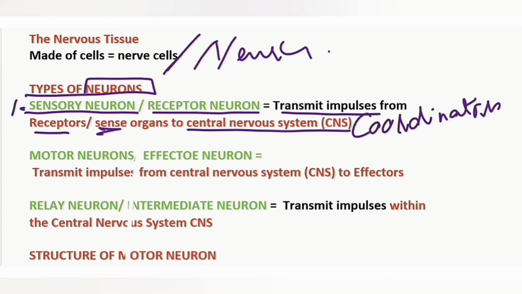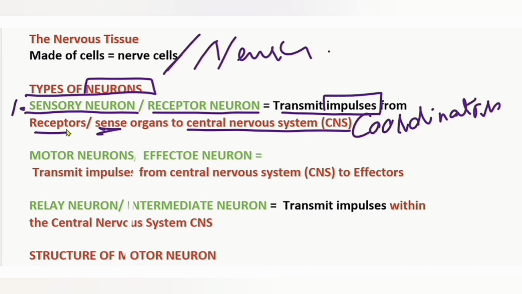Here it's better to write the word impulses. They are actually transmitting a message from one part of the body to the other, but in the mark scheme you should write impulses, as there are marks for impulses and no marks for message. So the correct word is impulses. They transmit impulses from receptors or sense organs to the central nervous system.